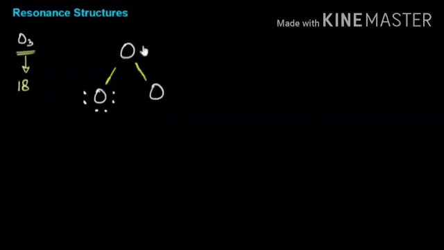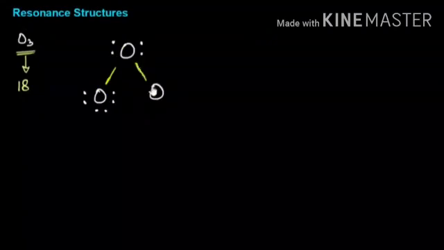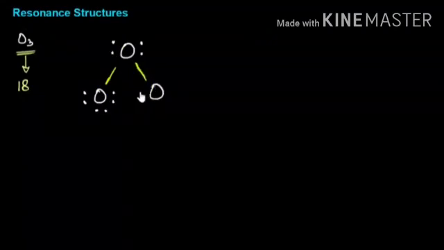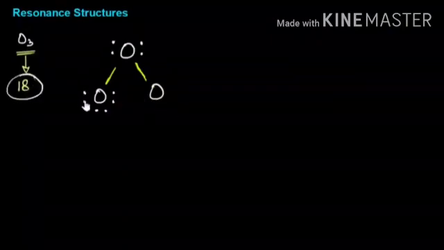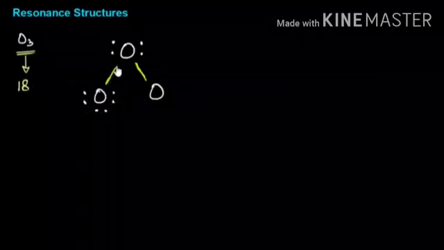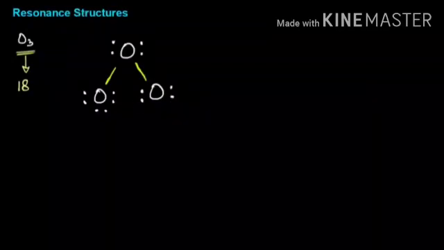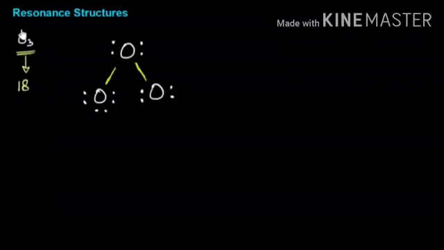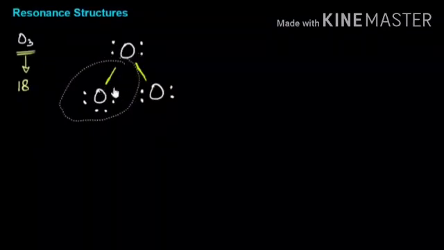We know that each oxygen atom contains 6 electrons. The central atom forms 2 bonds, therefore it contains 4 electrons, and the surrounding atoms have 6 electrons in their valence shell.